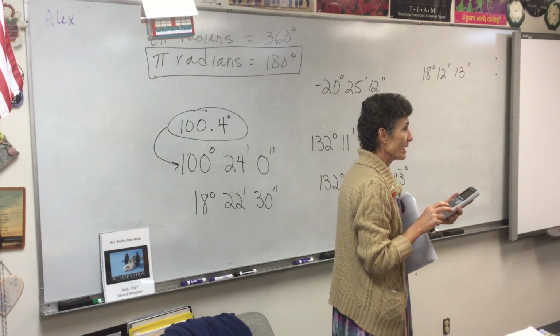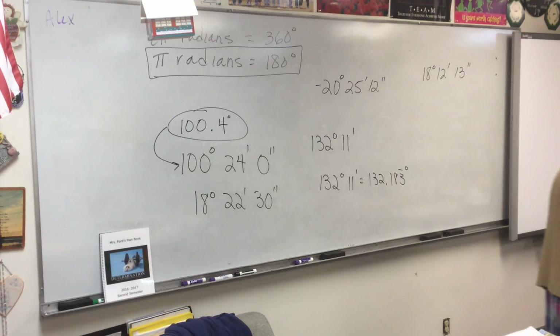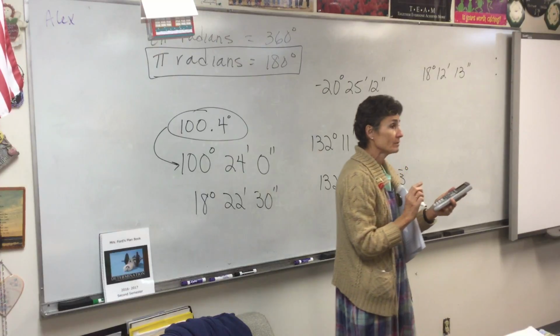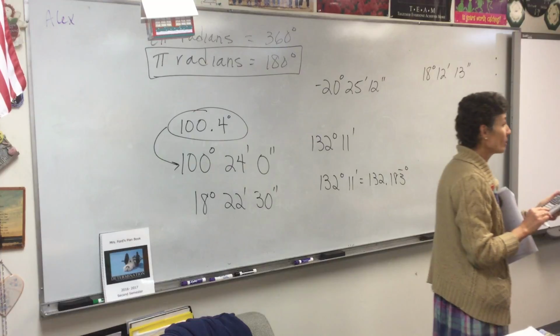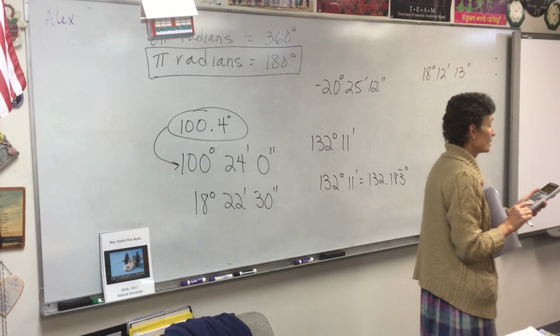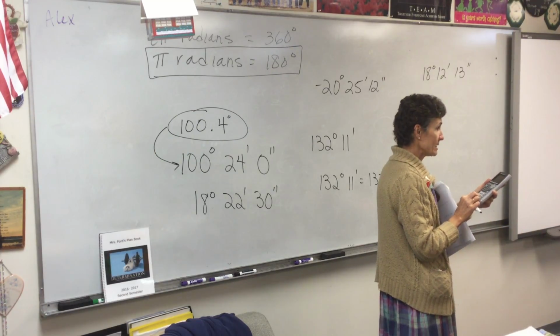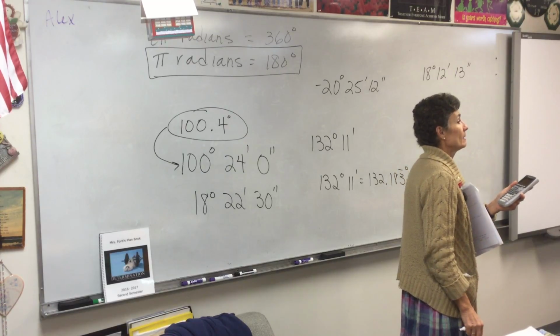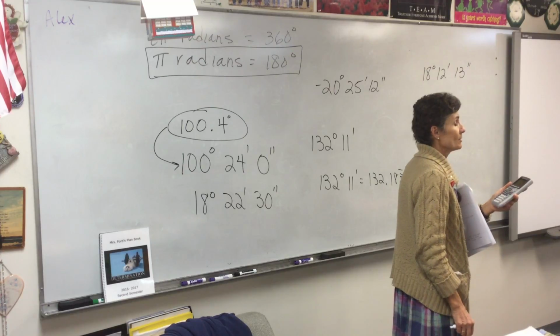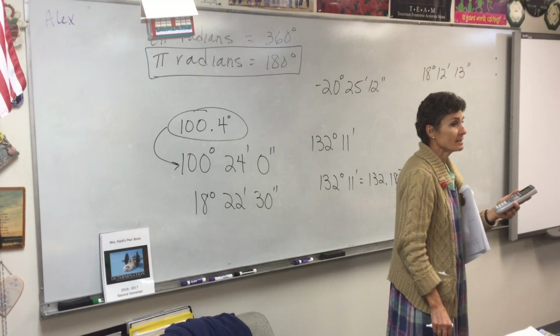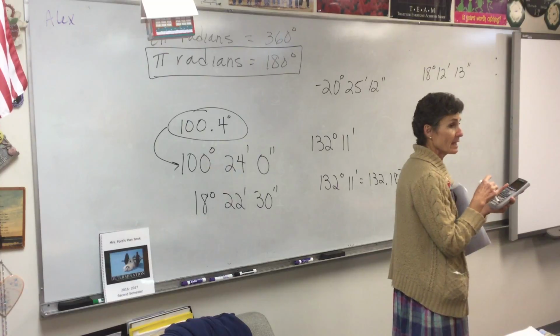18 degrees. Okay, so I typed in 18. Now where do I go? Second angle and press enter. That's your degree mark. Then we put in 12. Second angle. That's your minute mark. And then I type 13. There's no second mark. You got 13 typed?